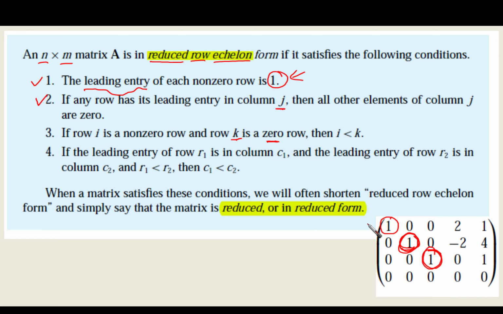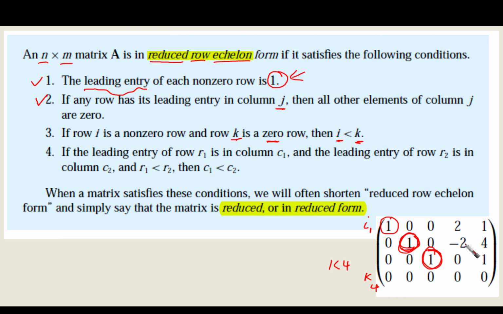So if this is row I, for example, and this is row K, which is a zero row, then I must be less than K. This row is row 1, but this row is row 4. That's right, 1 is less than 4.